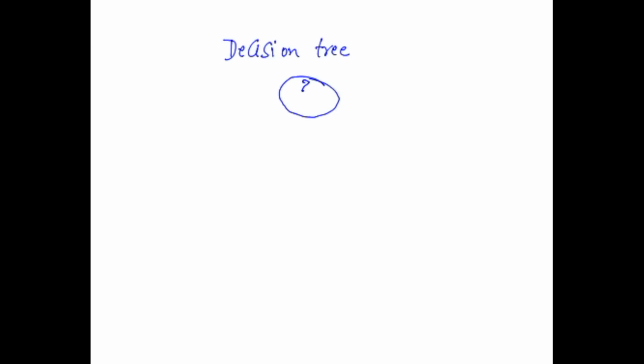The answer to this is a decision, either yes or no. If the answer is yes, then we take the left child. If the answer is no, we take the right child, and the algorithm continues. When you reach the leaf nodes, the algorithm terminates, and we have the answer to the problem that you are trying to solve.